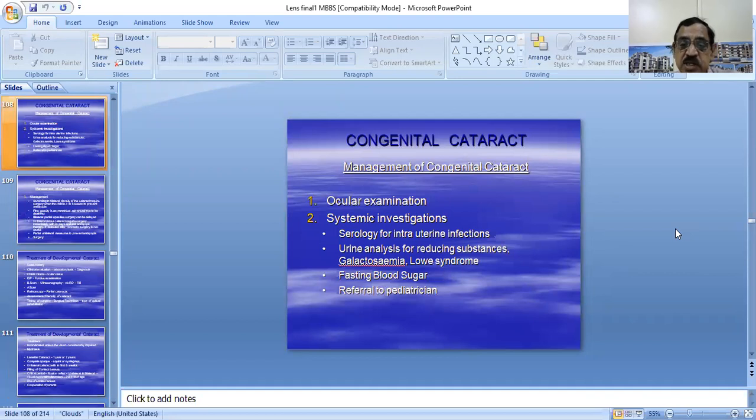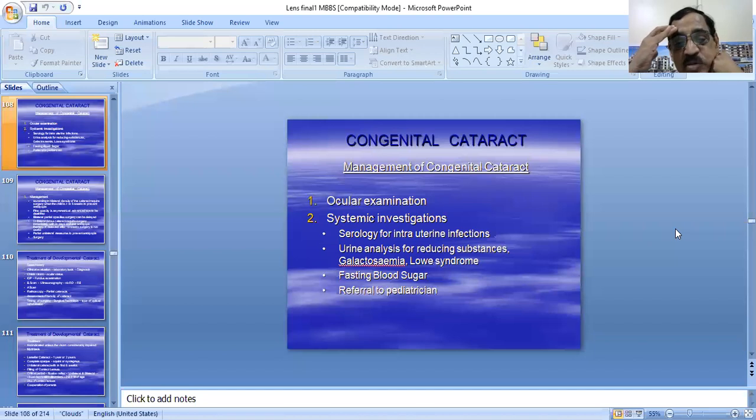So in the management of congenital cataract, the ocular examination is very, very important. You'll have to look for any other abnormalities associated with the cataract, such as a posterior hyaloid remnant, anterior lenticonus or posterior lenticonus, persistent hyperplastic primary vitreous, persistent pupillary membranes, microphthalmos.